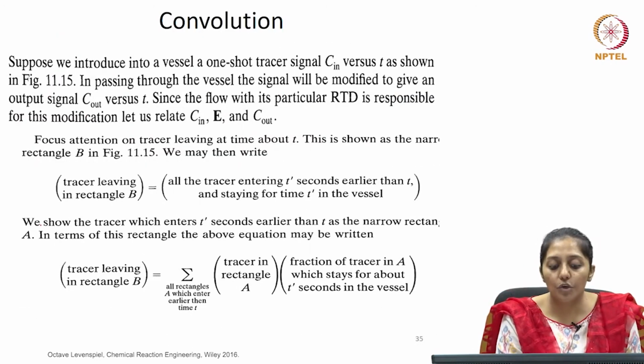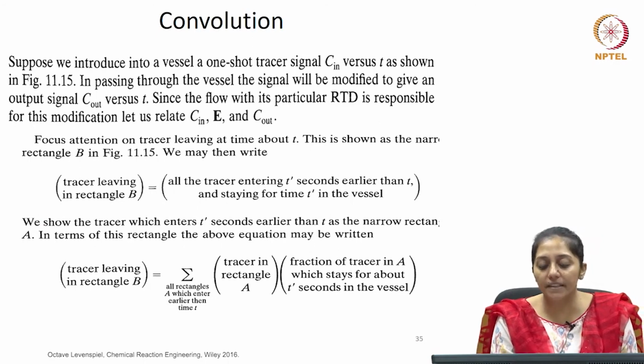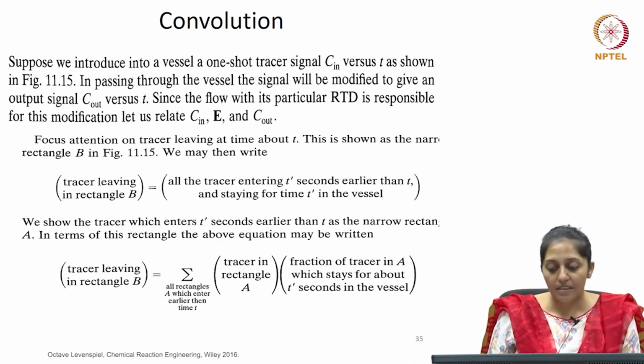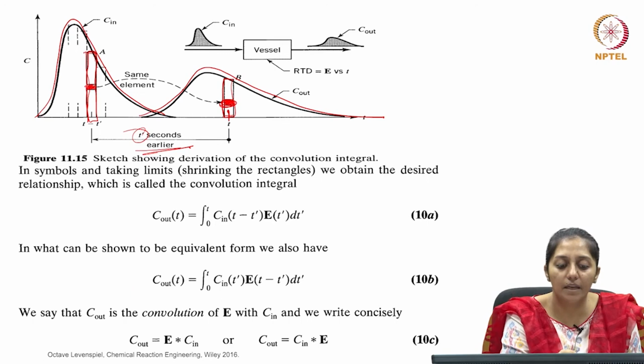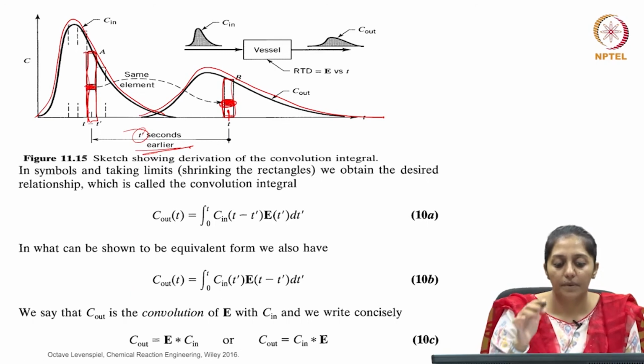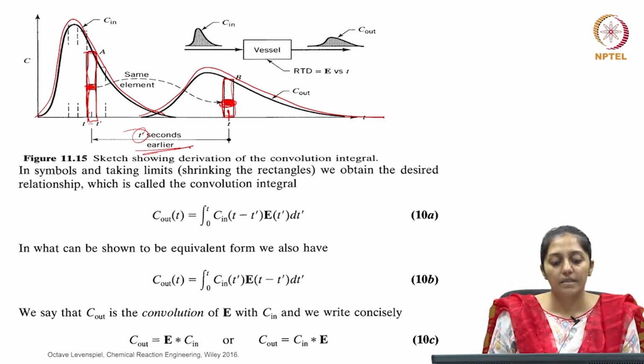Now we show that the tracer which enters t prime seconds earlier than t as a narrow rectangle A. This was the same element before t prime seconds.